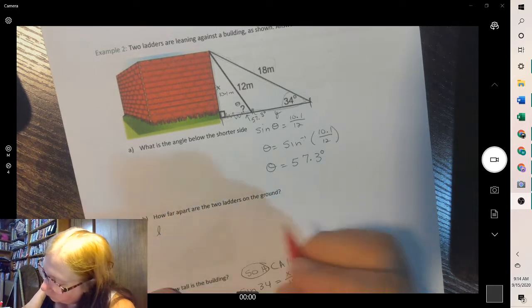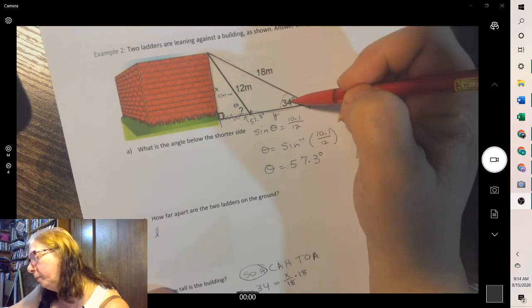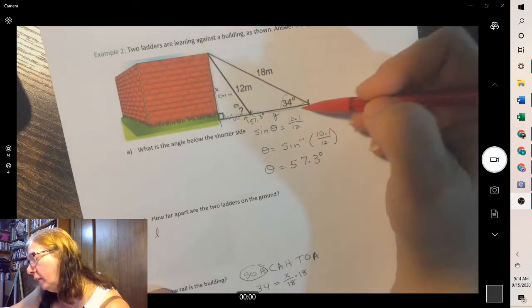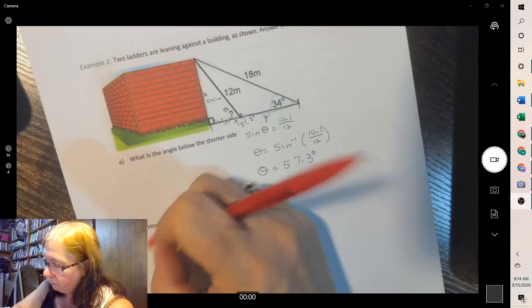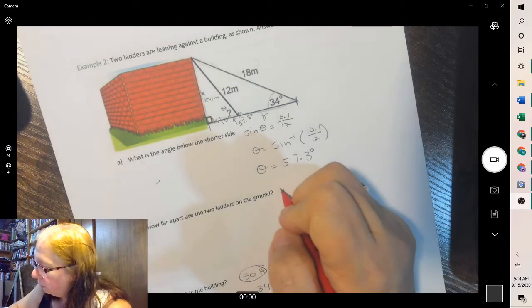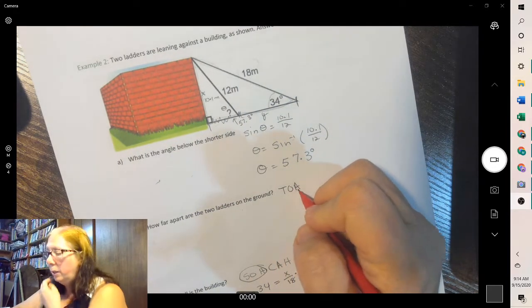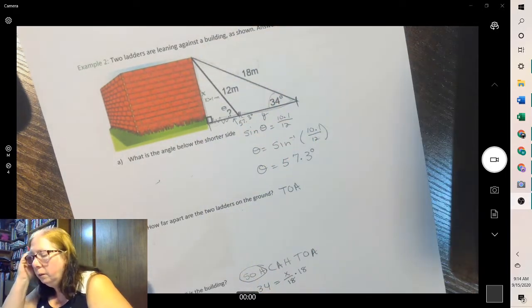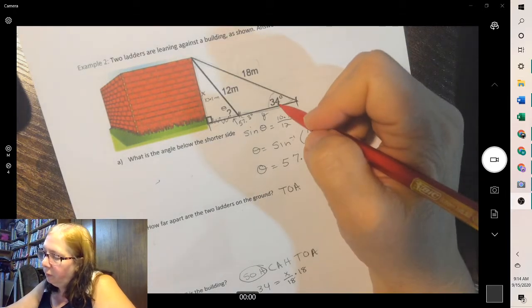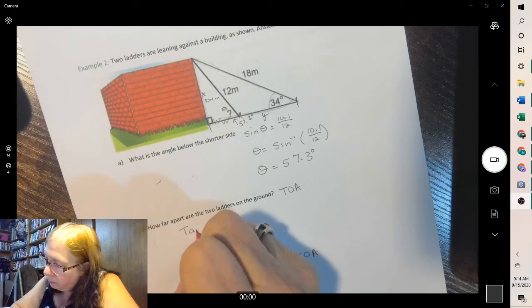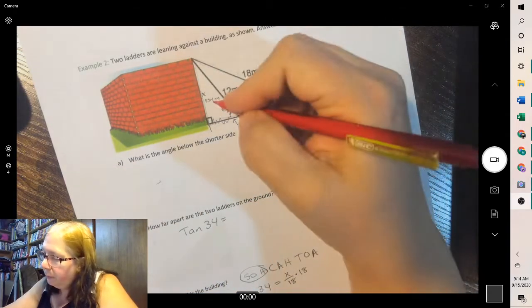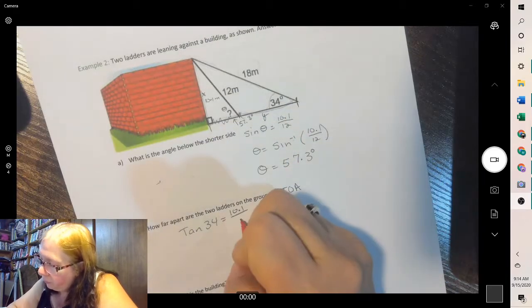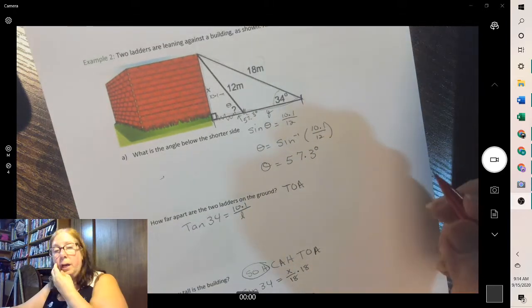We'll use L for long. So we use this angle. We're using opposite and adjacent, which is tangent. Opposite and adjacent. We could use either one. Okay, so 34 tangent, opposite 10.1 over adjacent, which we're going to use L for, the longer side, longer distance.